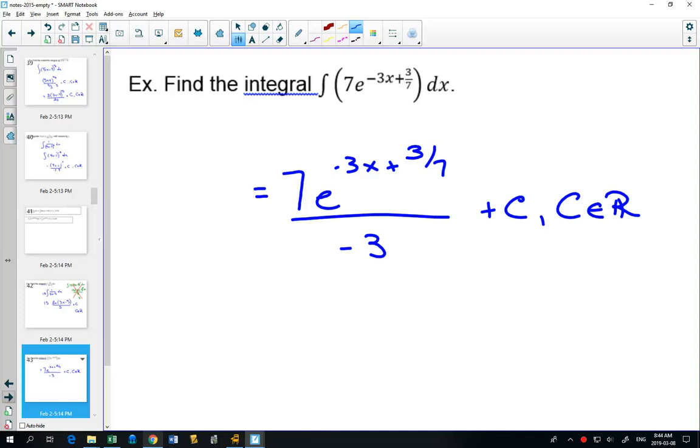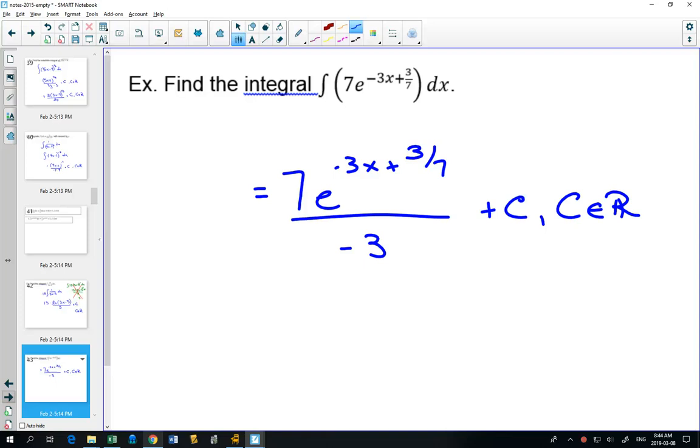That's it. So this idea of an ax plus b, or a linear function inside of another function, can be generalized and done this way whenever that happens.